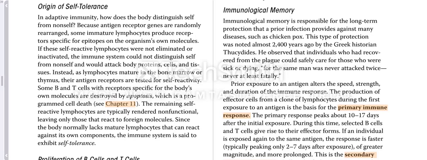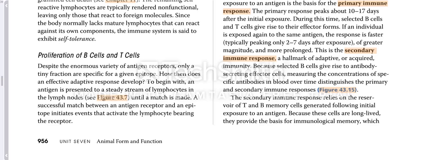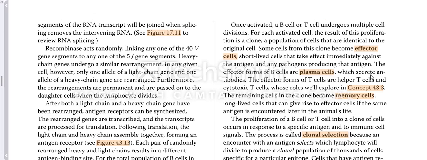Moving on, the next section talks about how, if there are only a small number of cells specific to one particular epitope of a pathogen, any action is taken. It talks about replication of T cells and B cells. They're cloned. Some of these clones become short-lived cells that only take immediate action.